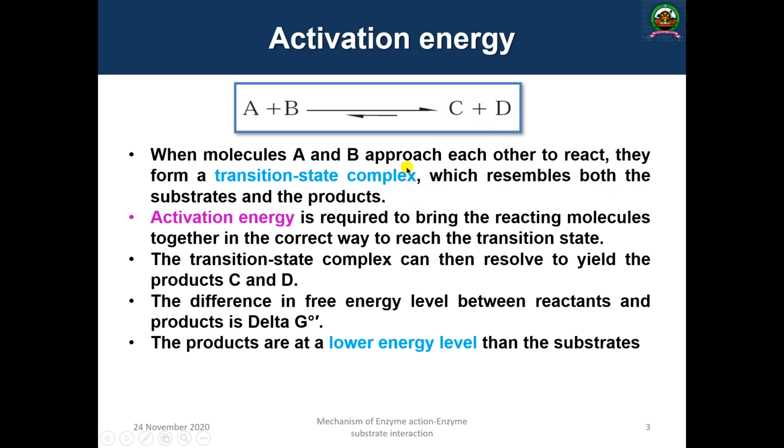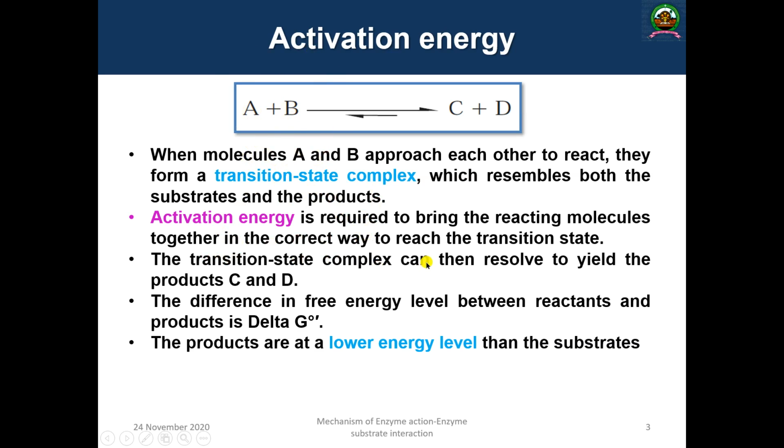Actually, when the interaction is happening, something called activation is needed: the energy required to activate this chemical reaction. The energy is required to bring the reacting molecules together in the correct way to reach the transition state. So activation energy is the energy that enables the molecular interaction to reach the transition state.